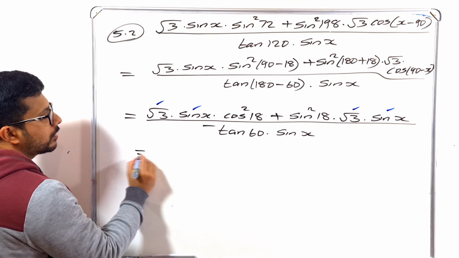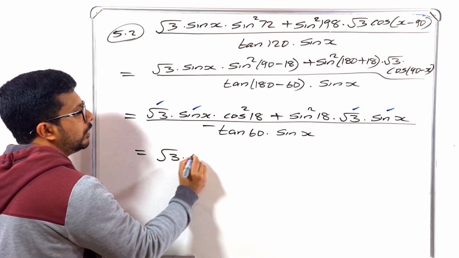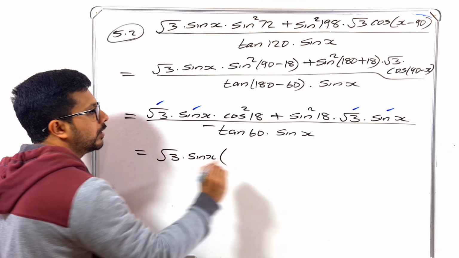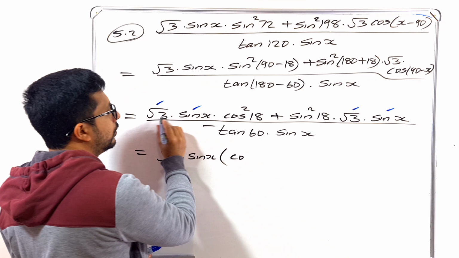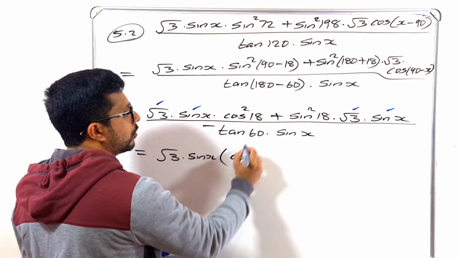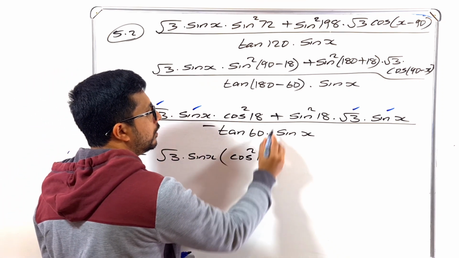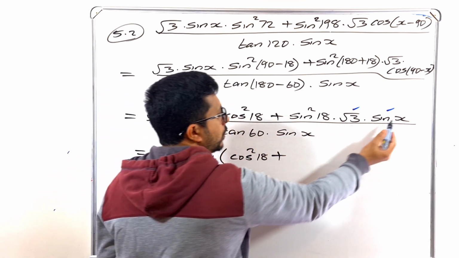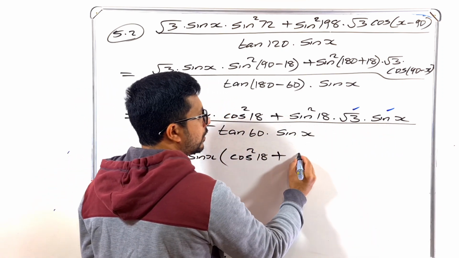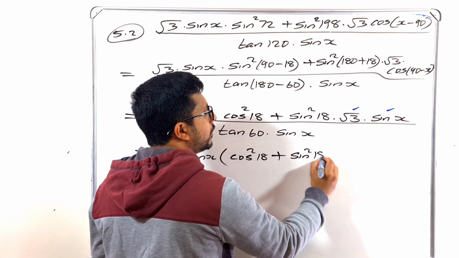Okay, so next step, that root 3 into sin x, I took it as common factor. So what is remaining here? This one is gone. It is cos square 18. Then here it is plus. What is remaining in the second term? Root 3 sin x is gone. So remaining is sin square 18.